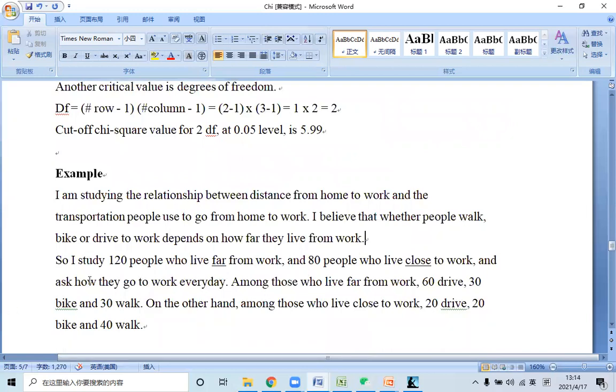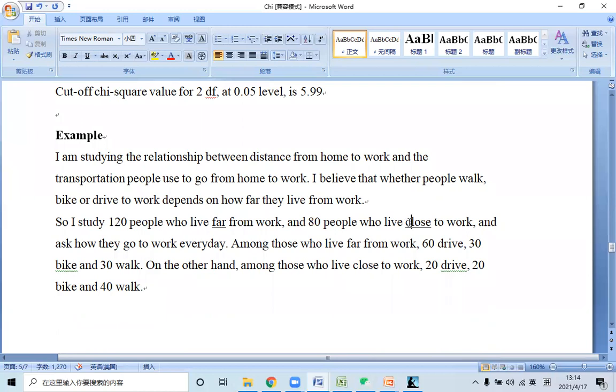I need a sample. So I studied 120 people who live far from work, and 80 people who live close to work. So I've got altogether 200 people. 120 of them live far away, 80 live close by.